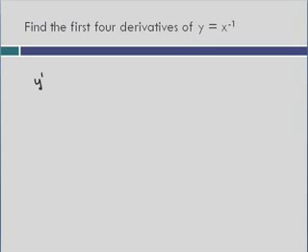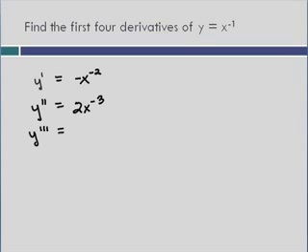So we come up with negative x to the negative 2. The second derivative, positive 2x to the negative 3. Third, negative 6x to the negative 4.